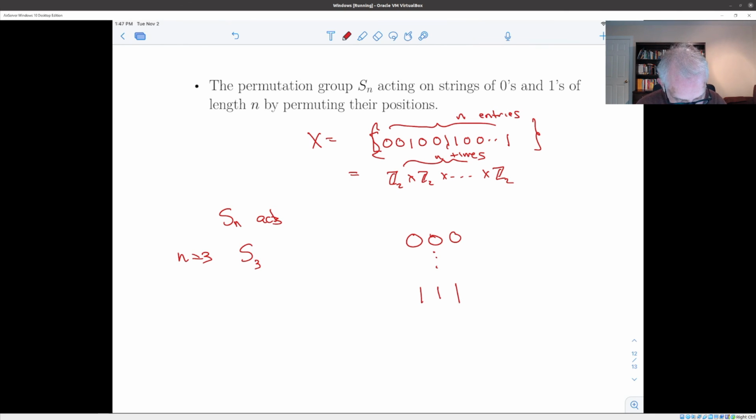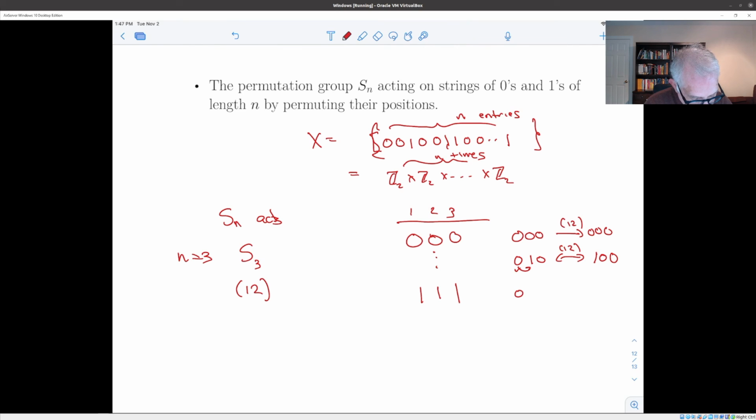And if we label the positions 1, 2, 3, the transposition (1 2) just interchanges the entries. So 0, 0, 0 goes by (1 2) to 0, 0, 0. 0, 1, 0 goes by (1 2), you flip the first two positions, to 1, 0, 0. 0, 1, 1 would go by (1 2) to 1, 0, 1.